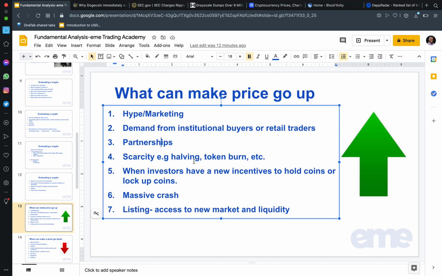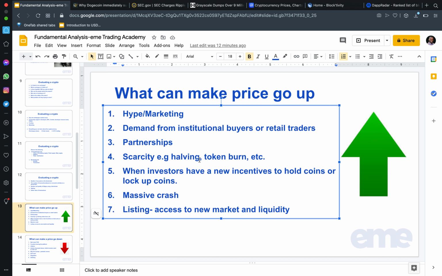Scarcity. All right, a lot of people predicted that after the Bitcoin halving, Bitcoin is going to go up, and they were right. The more scarce the commodity, the more the price will go up, especially when there's an increased demand. Right, so when there's a token burn, for example, you reduce the amount of tokens in circulation, and even if the demand is fixed, the price is going to go up.